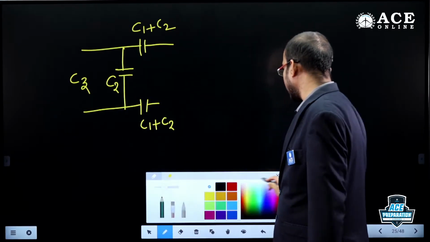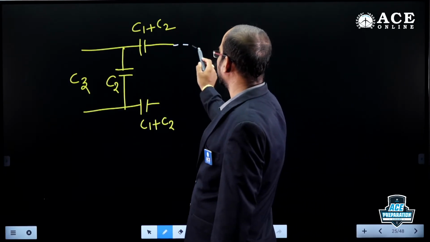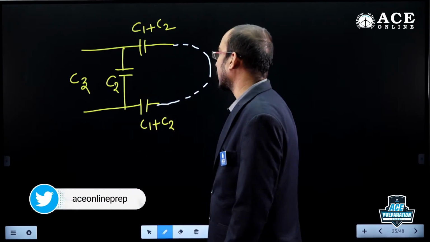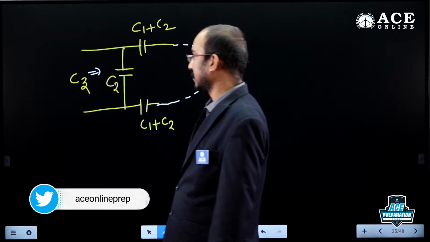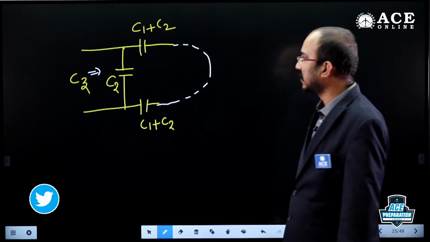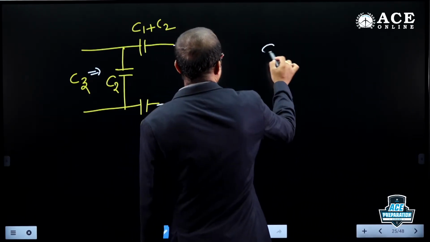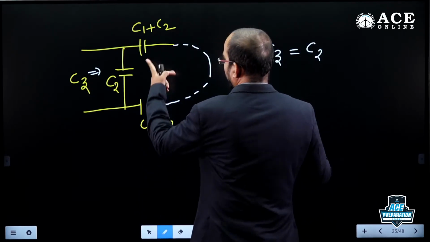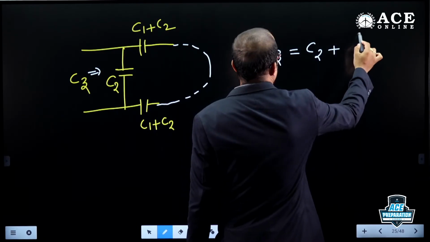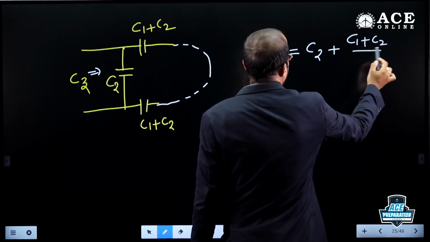And these two are connected in series like this. Now can you calculate the value of Cz? So the Cz value will be C2 parallel with these two, C2 plus (C1 plus C2) by 2.